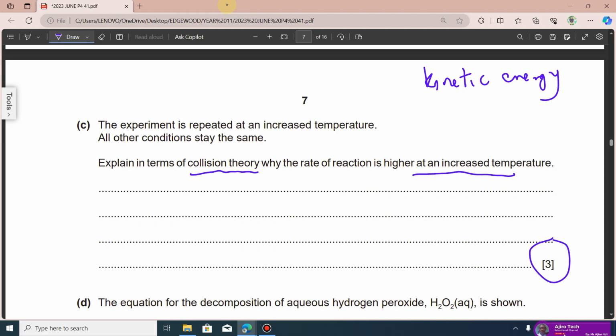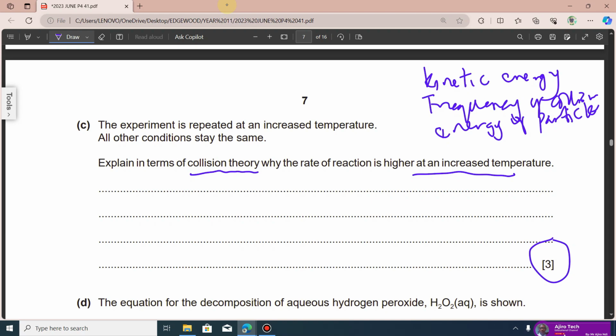And the frequency of collisions needs to be brought in. And then you also have to talk about the energy of the particles when compared to activation energy. So these are the 3 points we are going to bring in to answer this question.